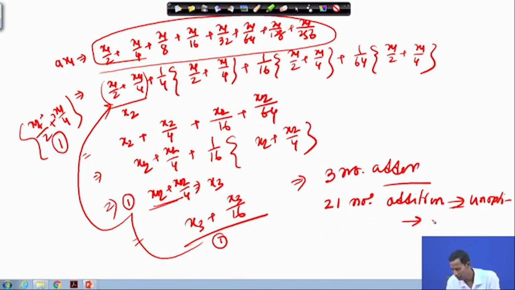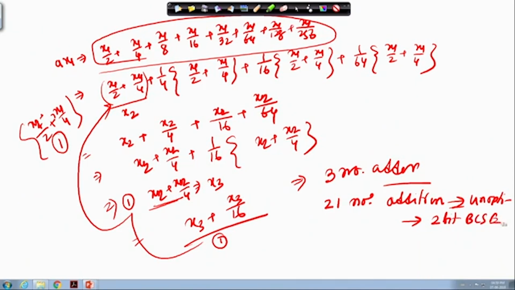So, after doing this 2 bit BCSE, the number becomes 12. Then again if I take 2 levels of common, at that time it requires 3 into 3, means 9 number of addition operations.